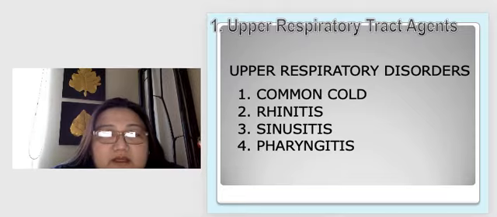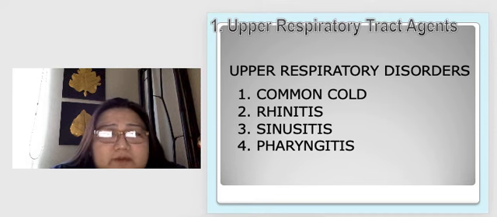Sometimes, meron ding nagkakaroon ng infection sa larynx or laryngitis. Ito naman yung wala ng boses, no? There is already loss of normal voice tone because the larynx is the voice box.